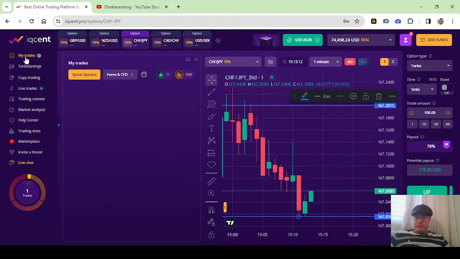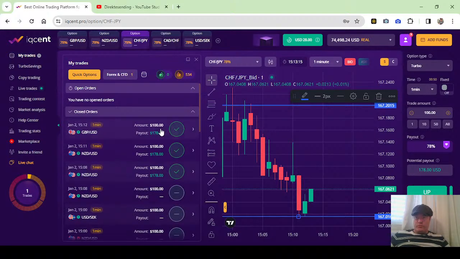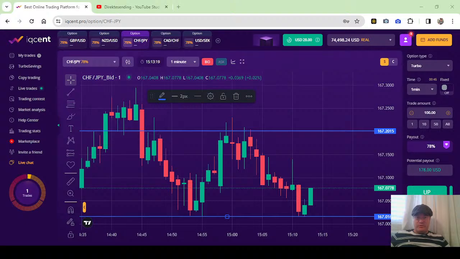I think we got a trade done and we won one more. Cool, it's another $78 profit. We are starting to build some money now with support and resistance.